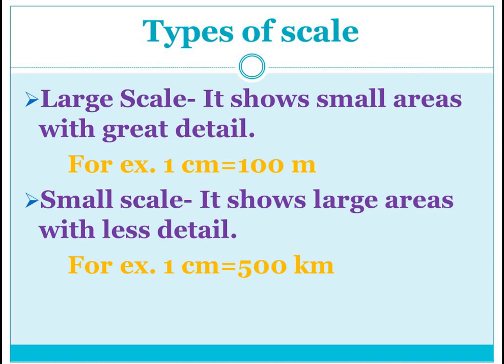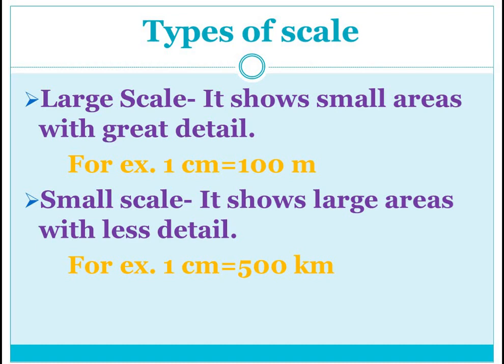Then small scale. It shows large areas with less detail. As same paper we are taking and the large area we have to represent there. So definitely that will be able to give less detail to us. So that is small scale.